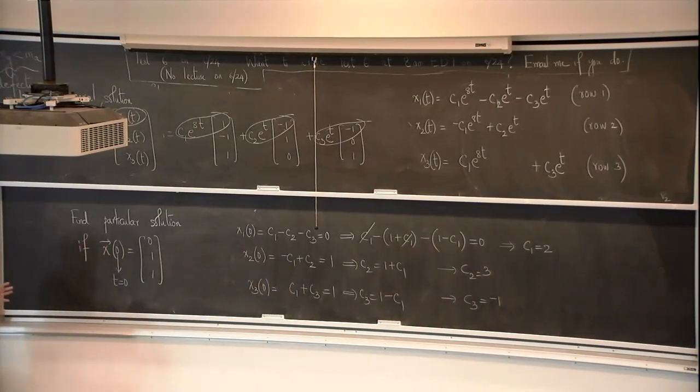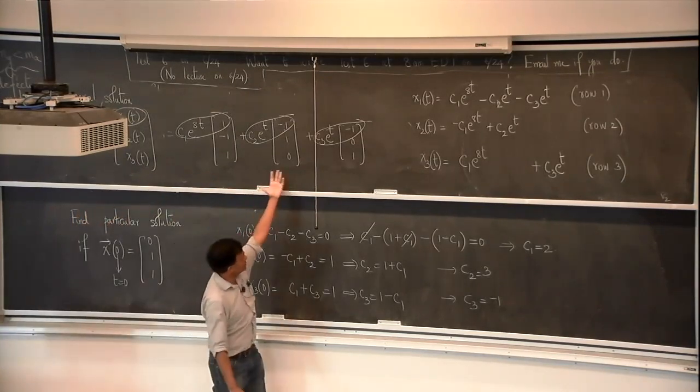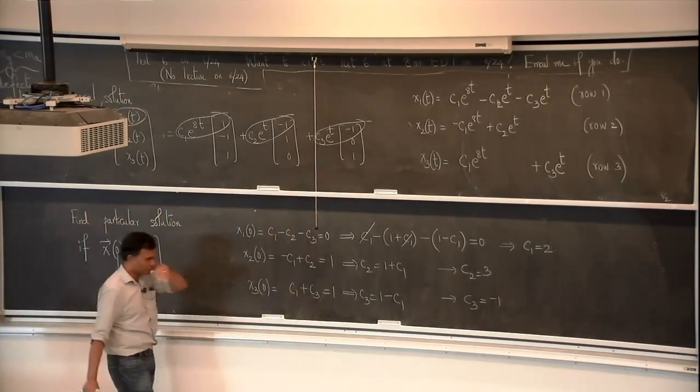But in a more general case, you might want to just write a 3 by 3 and do an REF and do it in a more organized way. It's a little bit too easy for a real system. There's nothing fancy here. If you know how to find eigenvalues and eigenvectors, that's pretty much the end of the story.